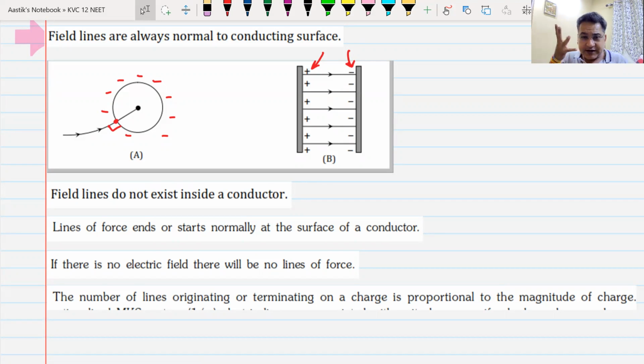So from a big charge, a large number of field lines will come out. From a small charge, a small number of field lines will come out. We will understand this in the next topic, which is known as electric flux. So if the charge is more, flux will be more, and more lines will come out. Do we understand this? Yes, sir.